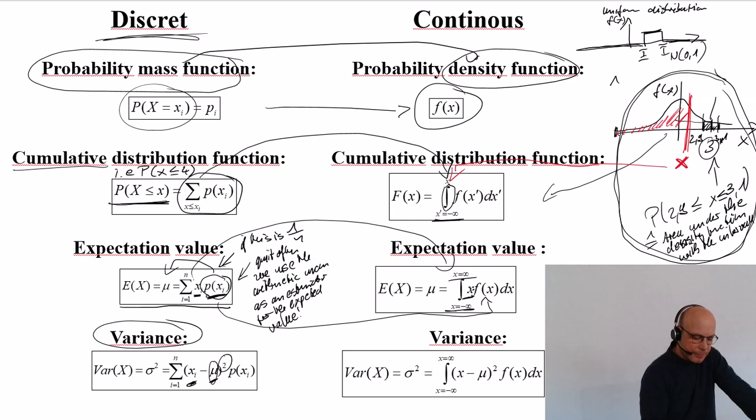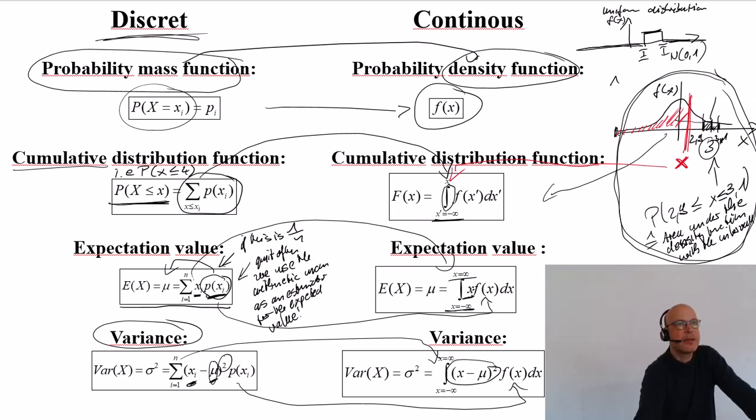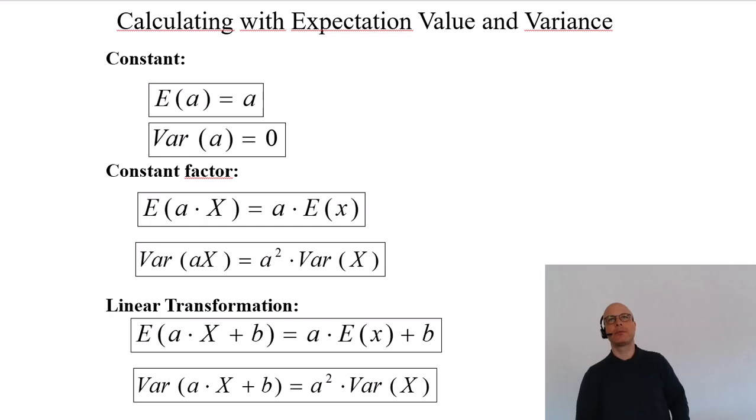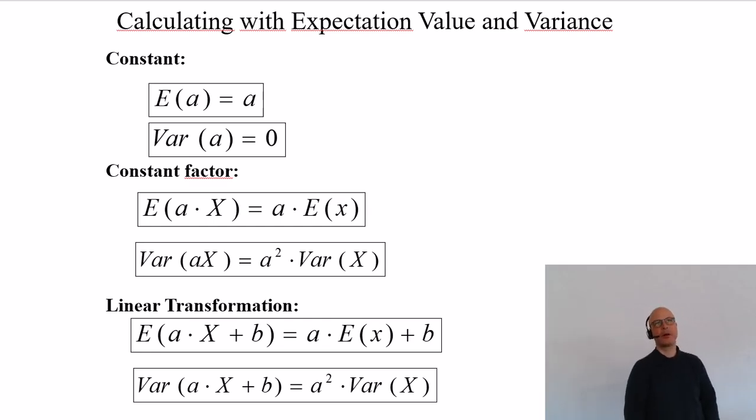Well, and again, we are interchanging the summation sign with the integral, interchanging the probability mass function with the density function, and here again we have the squared distance with respect to the expected value. Yeah, and then we have some rules. What happens to the operators, the expected value operator and the variance operator?